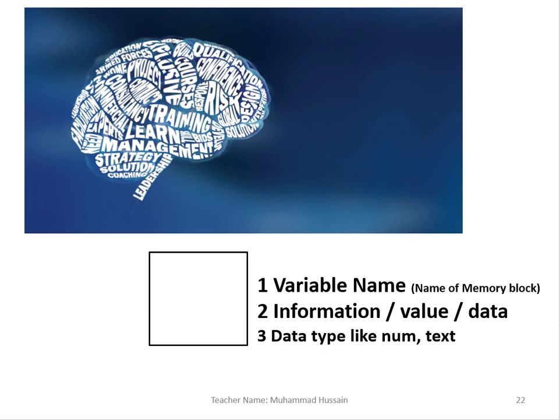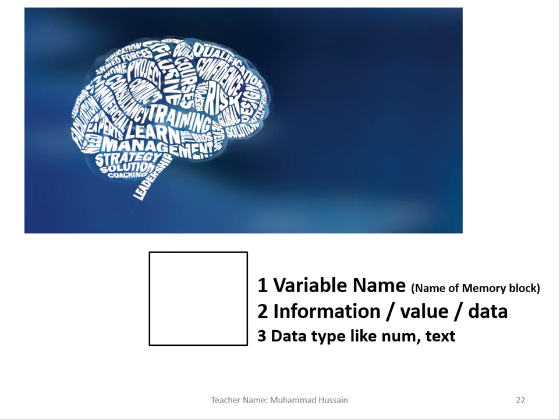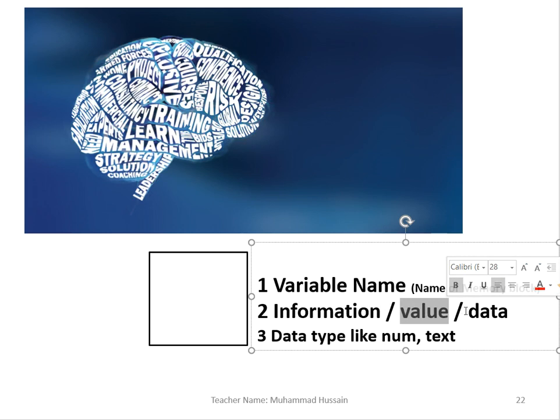So now you must know that we have three things to remember. One is the variable name, which is the name of a memory block, and another is information, or you can say value, you can say data. Mostly we say value. These three terms are similar.